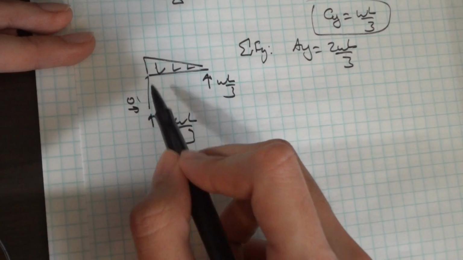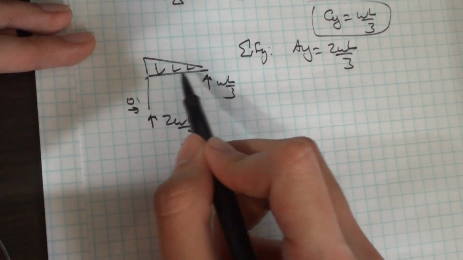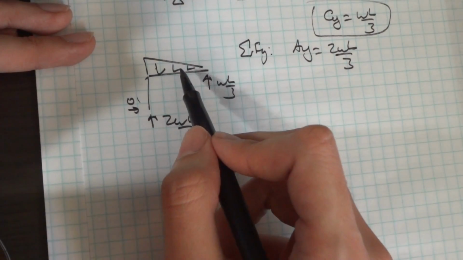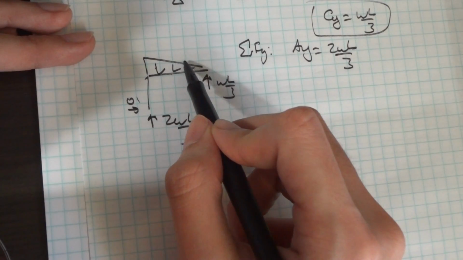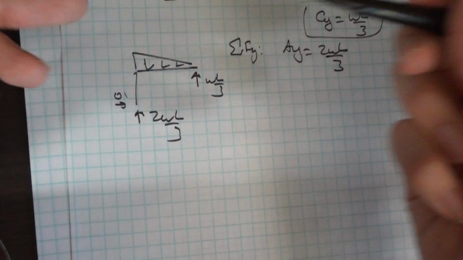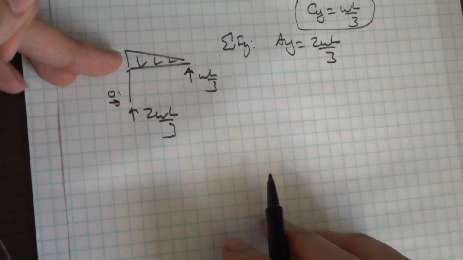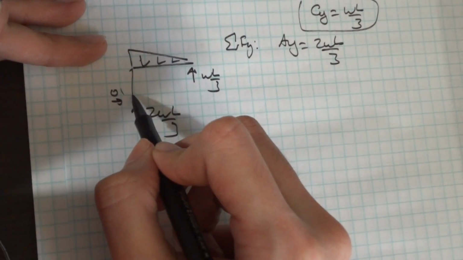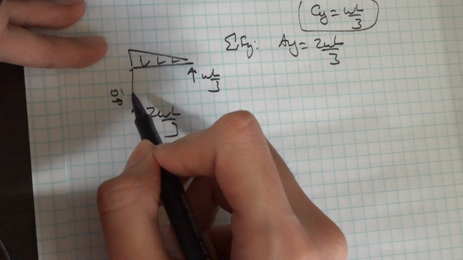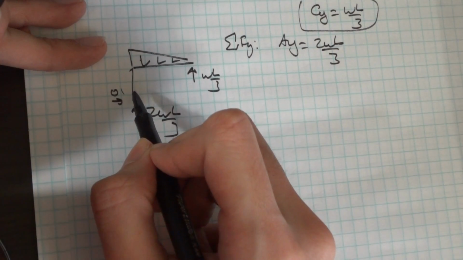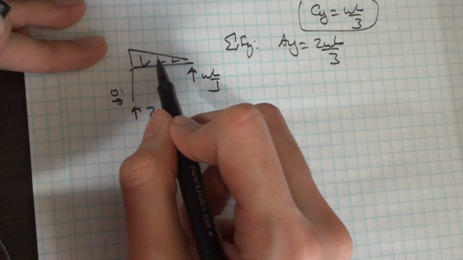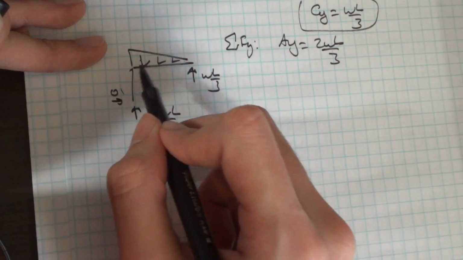This will be in compression. I'm not going to have any axial force in here, right? Because if I do my little cut here, I don't have anything squeezing it in the horizontal direction. Down here, I'm going to have no shear in here, but I'll have shear in this upper portion here.